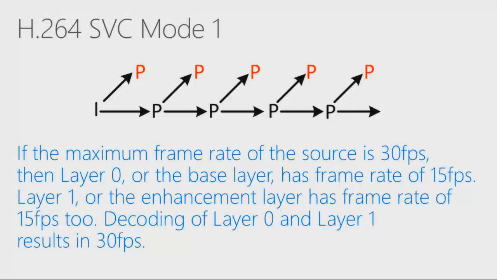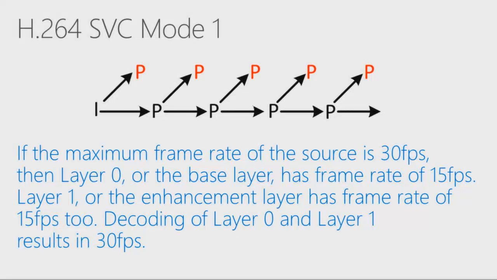Every 1/15th second, I put a delta in there, okay? On layer 1, I also put 15 frames per second in there, in the P frames. So together, if your codec understands SVC, right, I can combine these two layers into 30 frames per second, right?